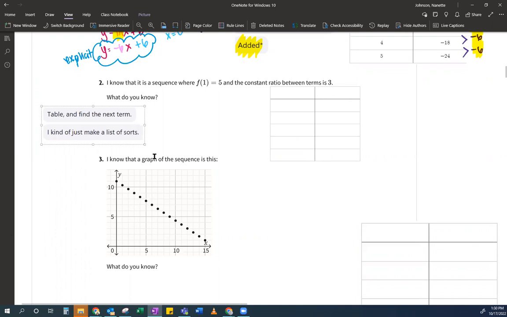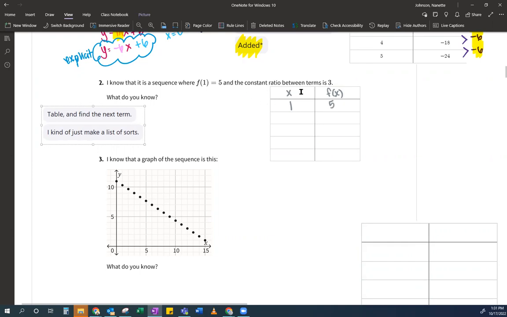Yes, very good. So this says, Miss Johnson, f of 1 is 5. So over here for x, do you guys want to use x this time? So x and f of x: 1 is 5. Okay, now what?